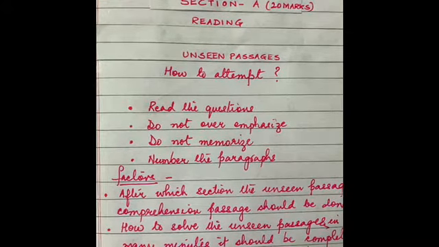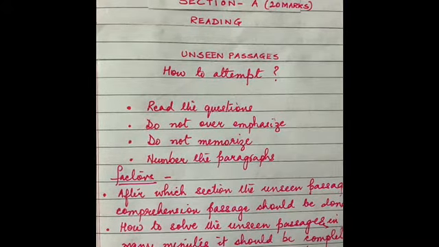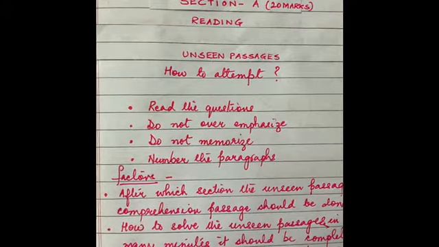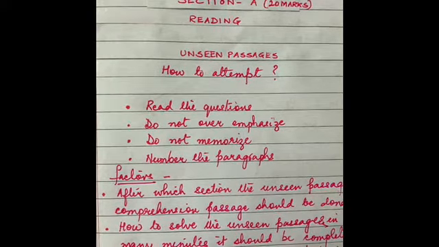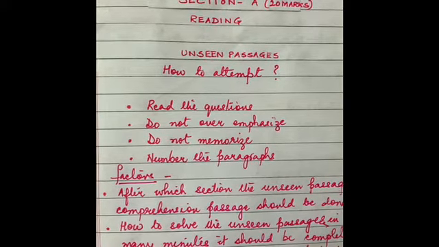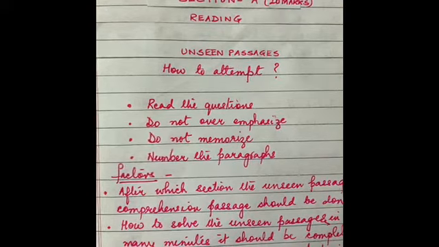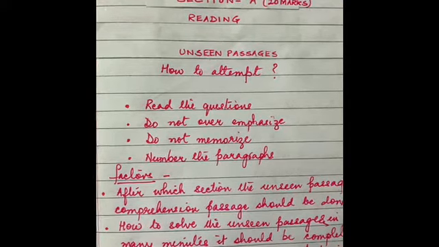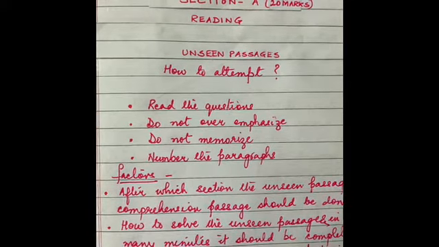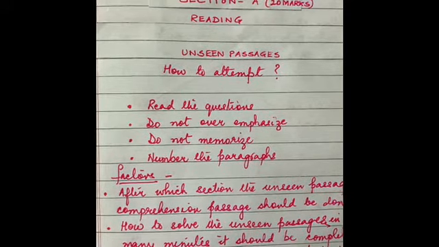Fine. Okay. And now I will talk about the main thing, and that is how to answer the questions asked in the passage. You know, for solving the unseen passages, we always follow the traditional approach. Now, what is the traditional approach? Students, the traditional approach says to read the complete passage first of all.